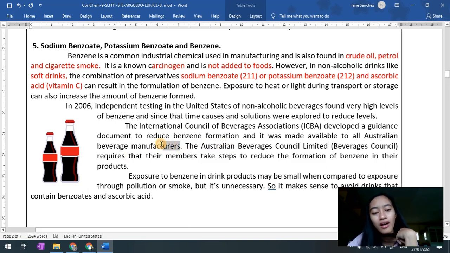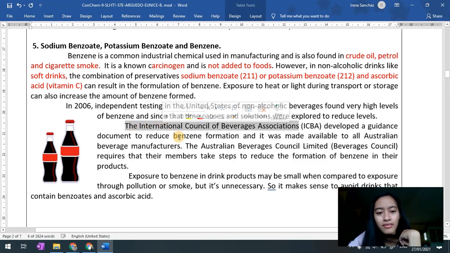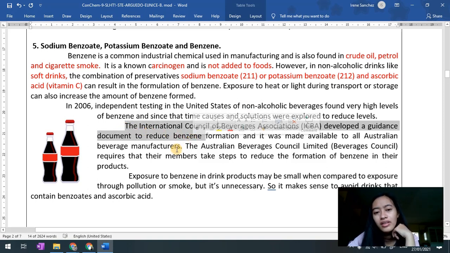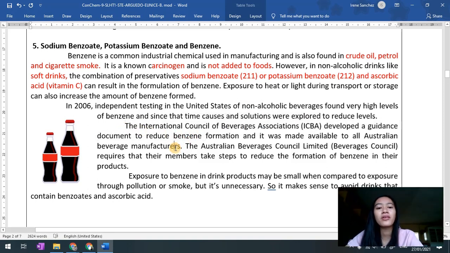Definitely, these standards are also followed accordingly in the Philippines. The FDA, Food and Drug Administration, also regulates these levels among the manufacturers. The Australian Beverages Council Limited required that their members take steps to reduce the formation of benzene in their products.